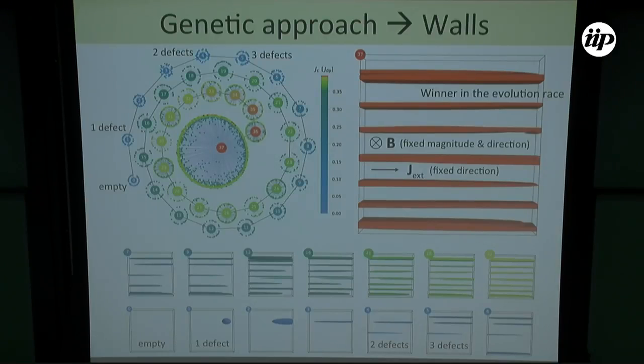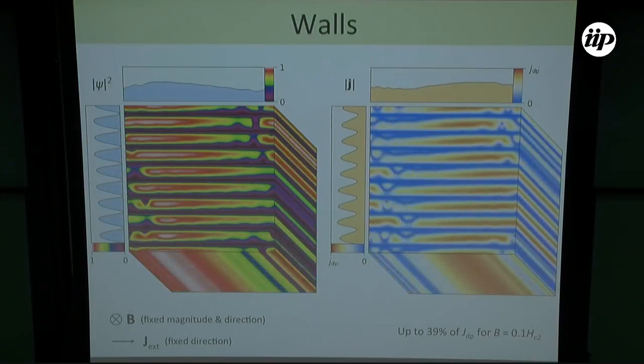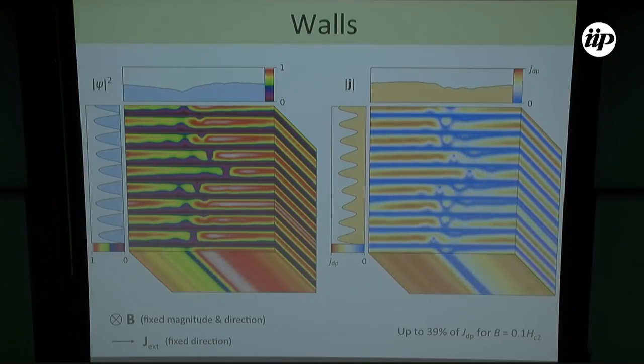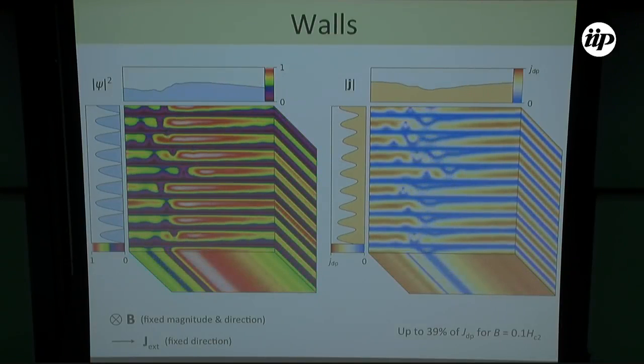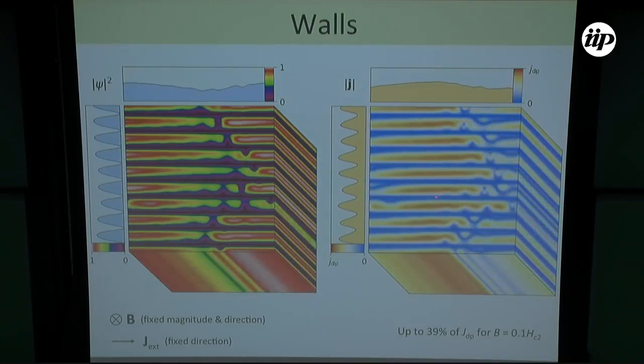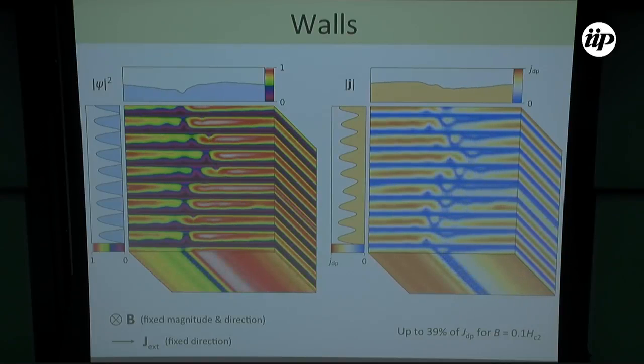So at the end, we see this huge amount of unsuccessful mutations, and this is a stop criterion for the algorithm. If it cannot increase the critical current, it assumes that this is the optimum. And this is psi squared, or the density of the order parameter, and this is the absolute value of the critical current at the optimum.